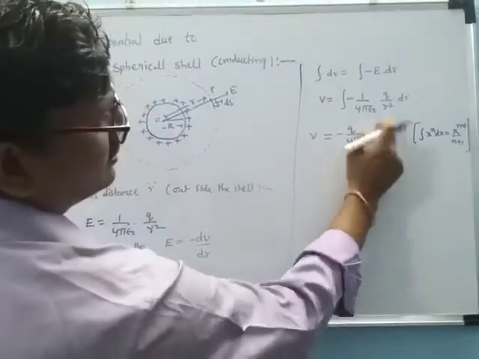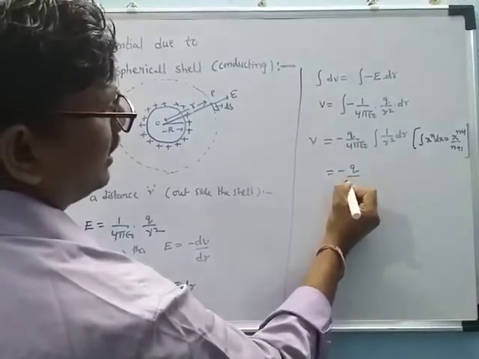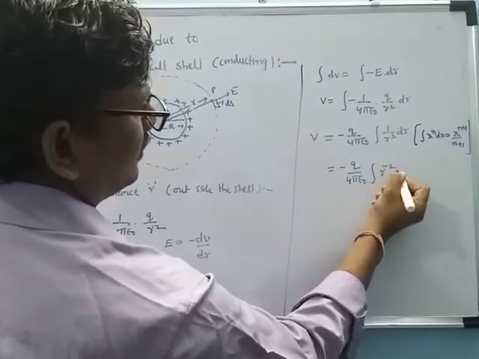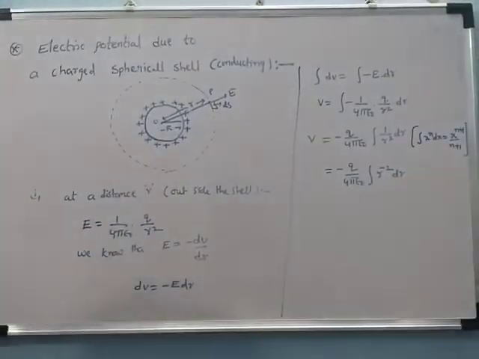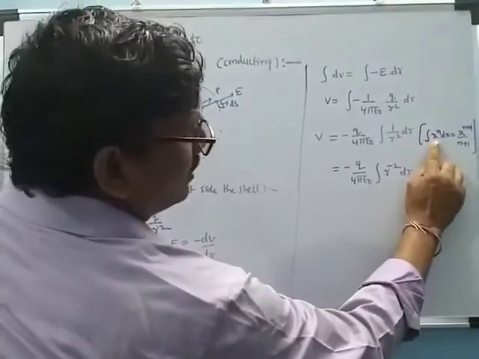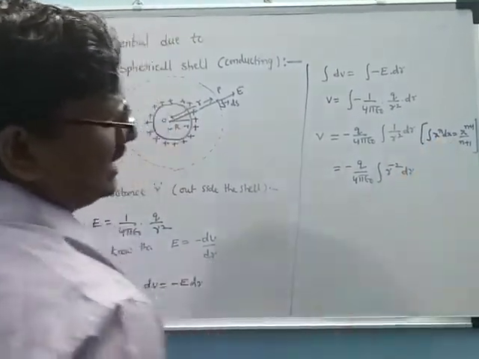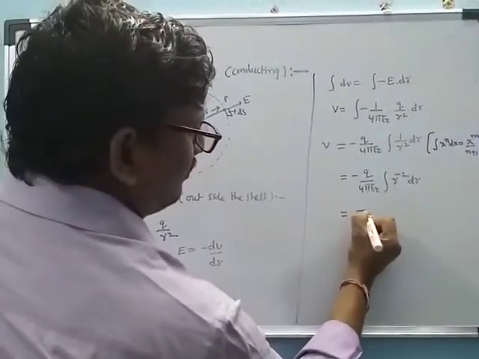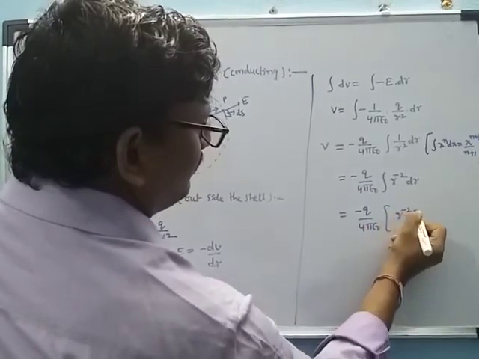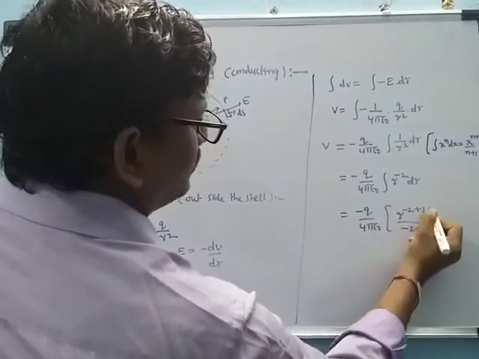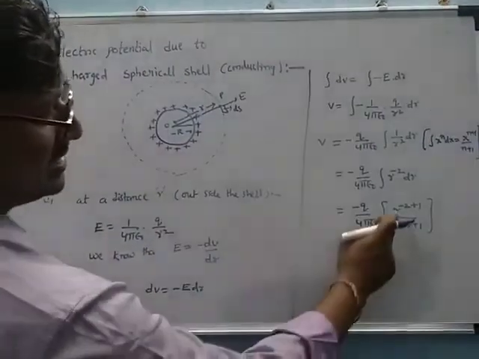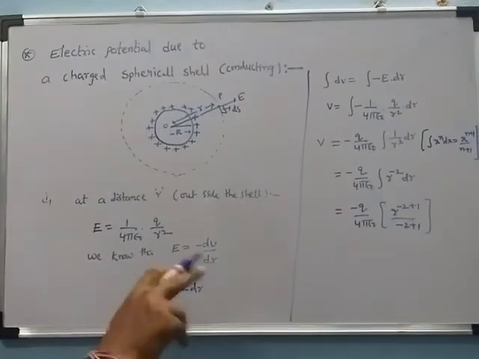Here we have minus Q by 4 pi epsilon naught, integration of r to the power of minus 2 into dr. Replacing n by minus 2, we get minus Q by 4 pi epsilon naught, r to the power of minus 2 plus 1 by minus 2 plus 1. Minus 2 plus 1 is minus 1, so the minus gets cancelled and r to the power of minus 1 goes to the denominator.